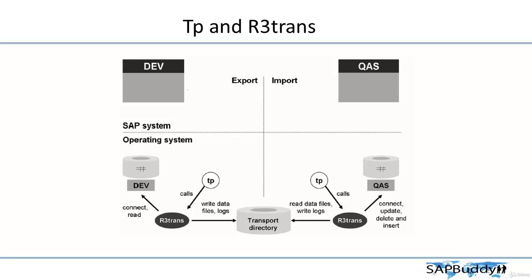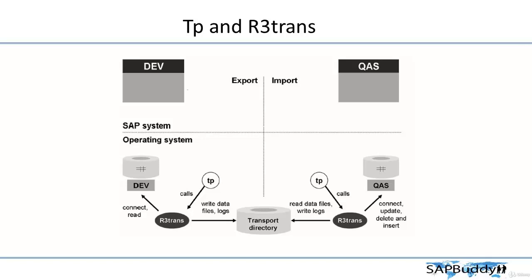In the same way, when you are importing, R3trans will create the log file in the transport directory. These transport directories and everything are specified by TP, but if you use R3trans directly, you need to specify all these things explicitly. If you call from TP, TP already has all the configurations of your STMS settings, so you can use it like that.